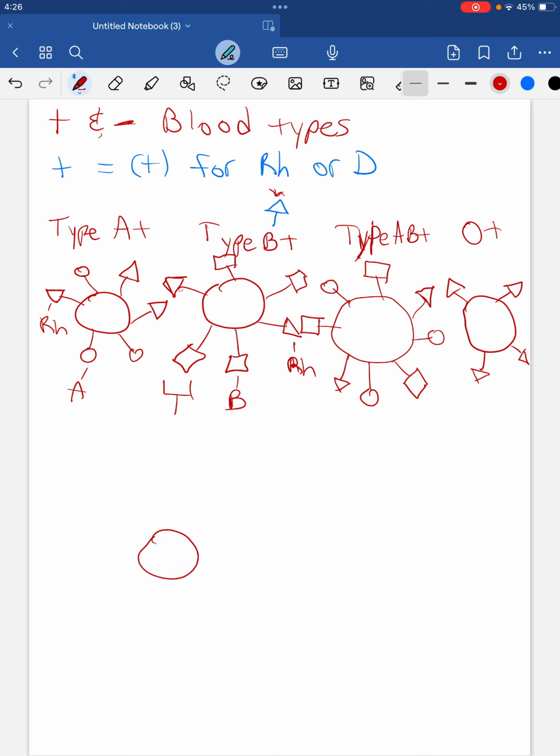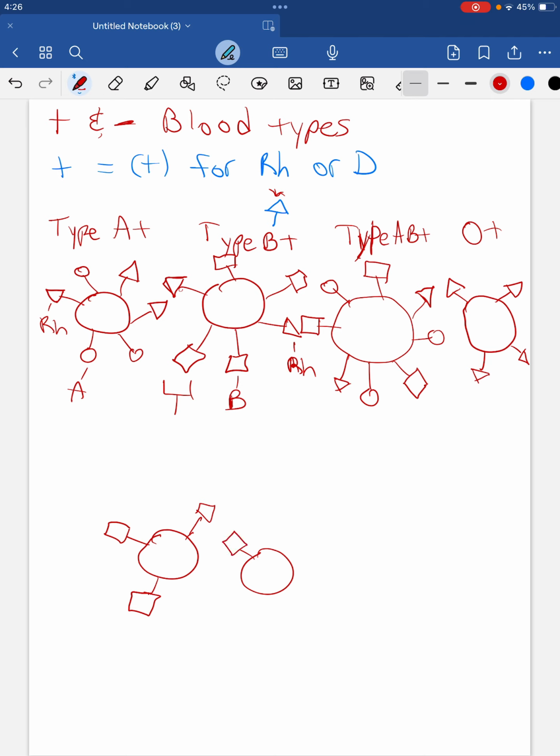So here's one red blood cell, here's another.